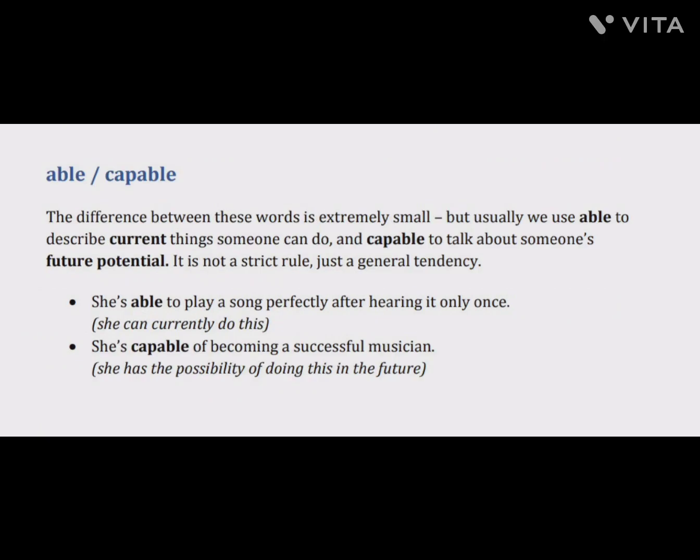And simply one more, like using able and capable. So there is confusion between using able and capable. The difference between these two words is extremely small, okay? But usually we use able to describe current things someone can do, and capable to talk about someone's future potential, okay?